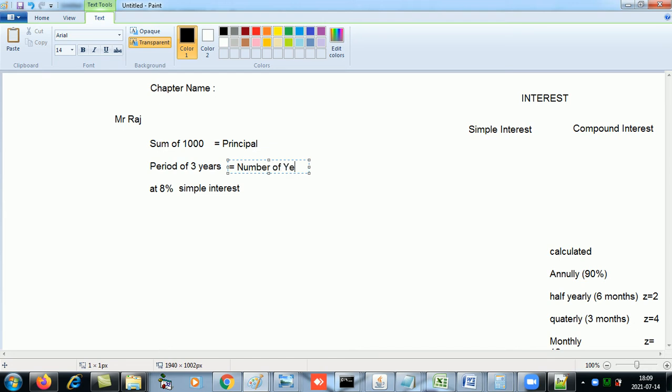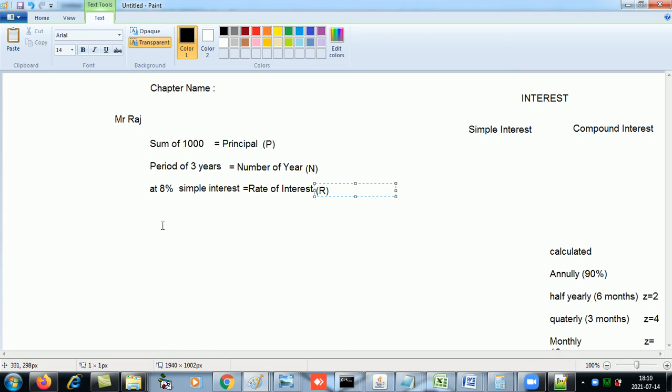We usually deal in years, so if they are given in 6 months, quarterly or monthly, we will still try to convert it into years. And this is called the rate of interest. Now we will give them variables: this we will call P, this we will call N, and this we will call R.